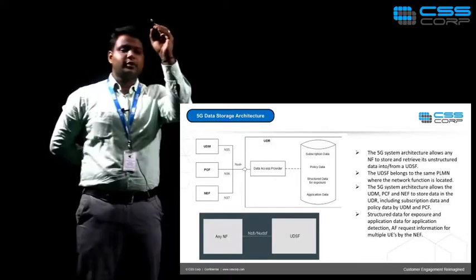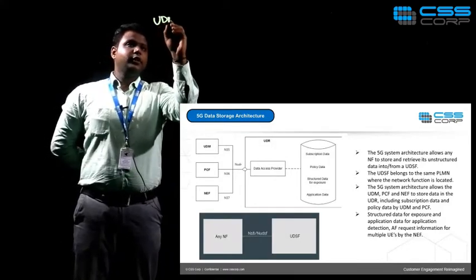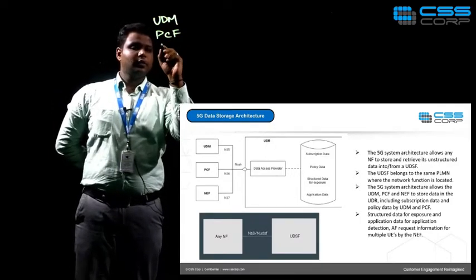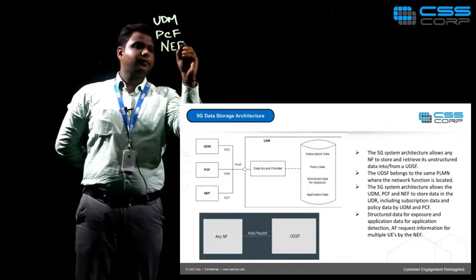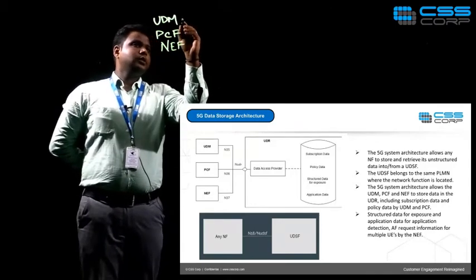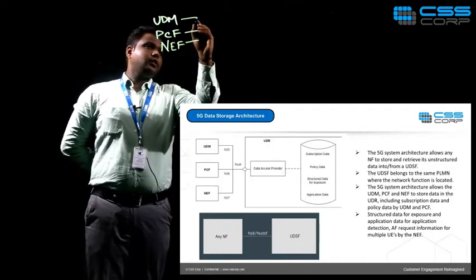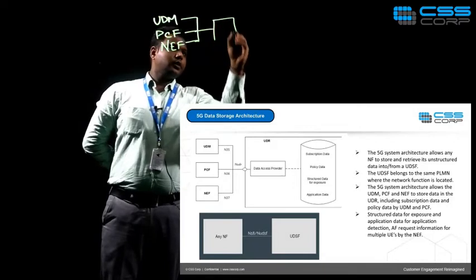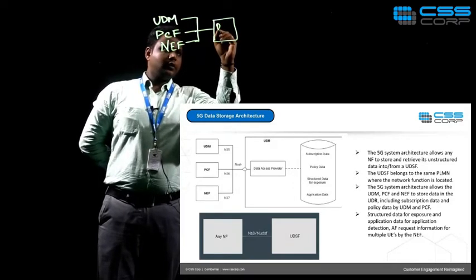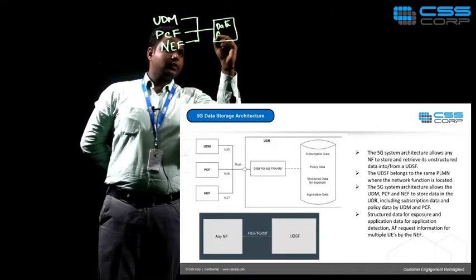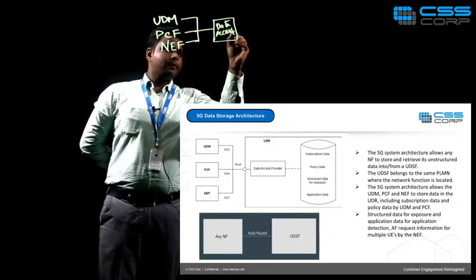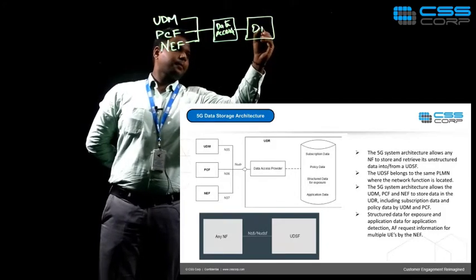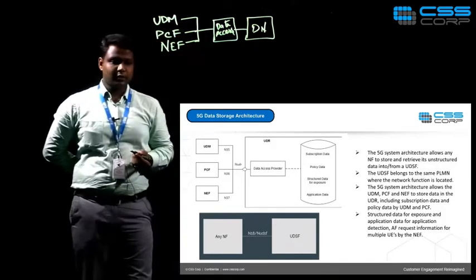The 5G storage architecture has the UDM, PCF and also the NEF. These three are combined and connected to the data access network. From the data access, it is connected to the DN, data network.